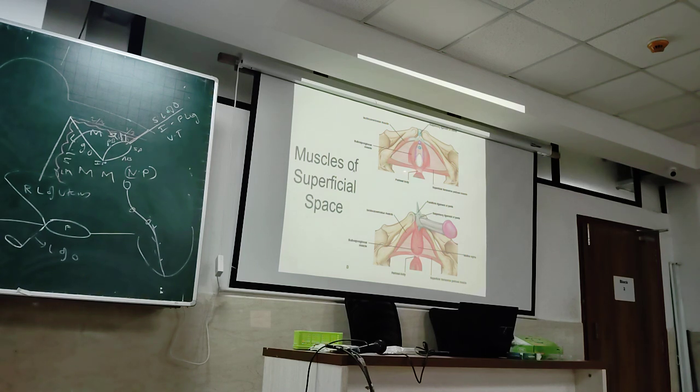Fibers from the deeper plane, winding around the vagina or the prostate, will also be attached to the perineal body. So one on either side makes the pelvic diaphragm, 2 muscles; deep transverse perineum, intermediate muscle, one on either side; and 6 superficial muscles: superficial inner sphincter, bulbospongiosum, and superficial transverse perineum.